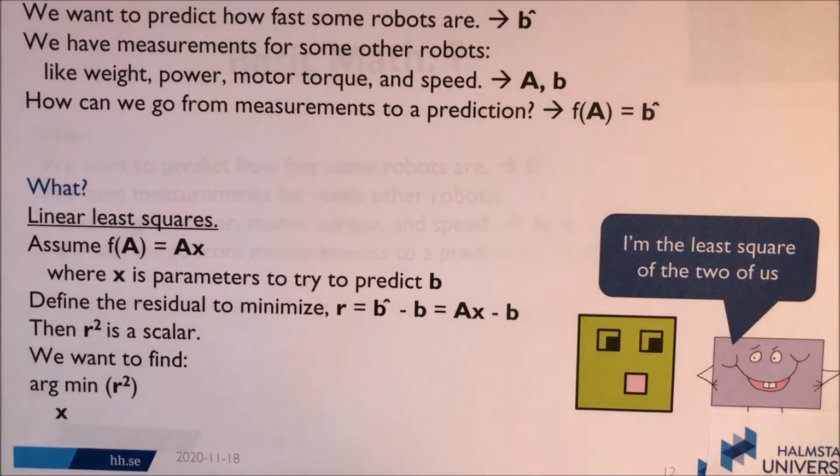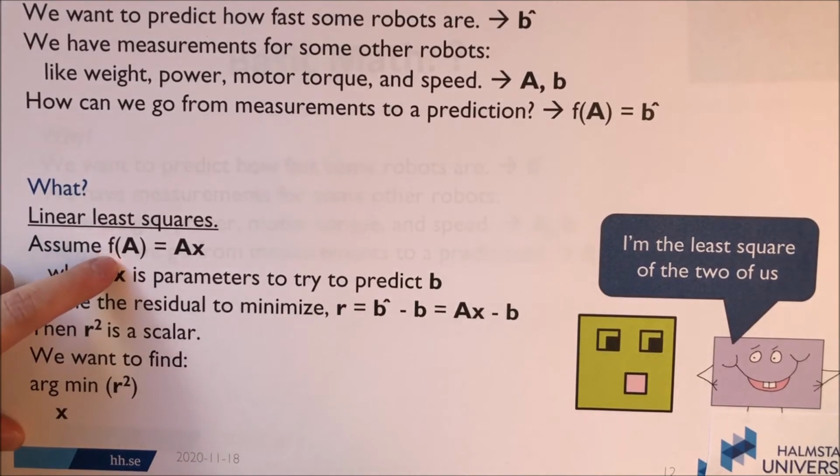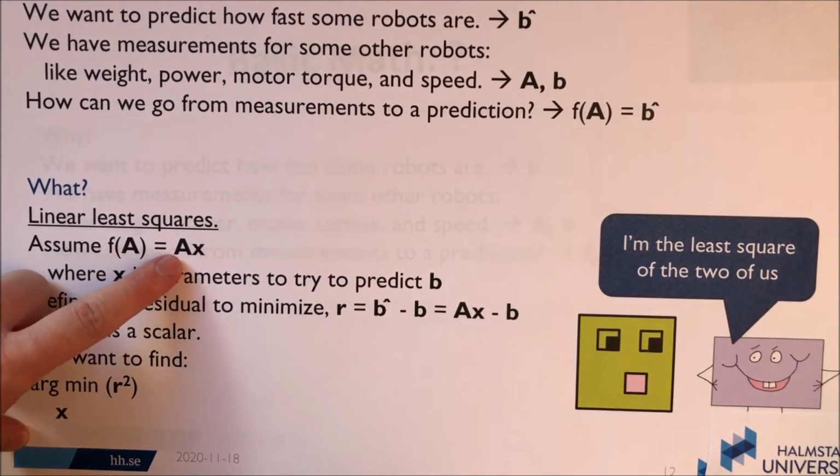What is this problem? It's a linear least squares problem. If we define it the way we do here, we assume that this function of A that we're looking for is a linear function.